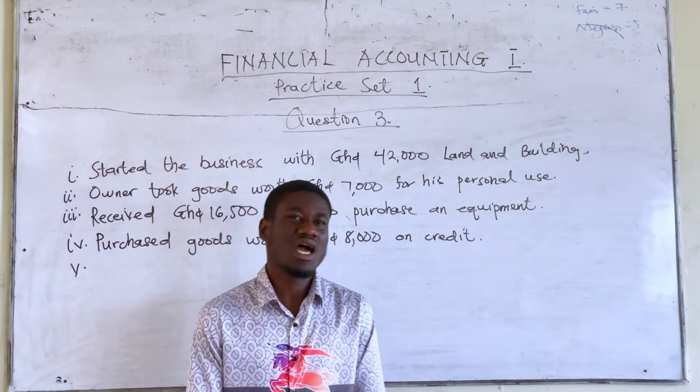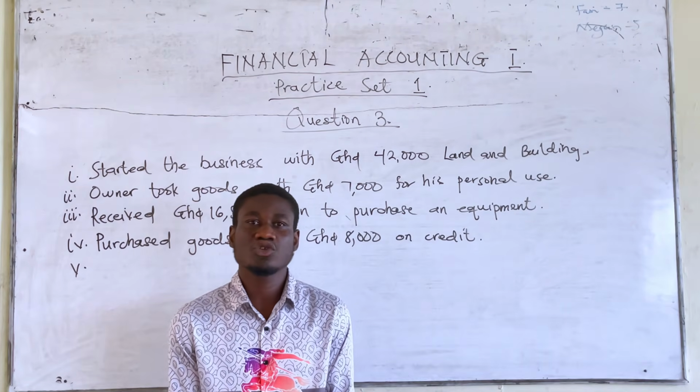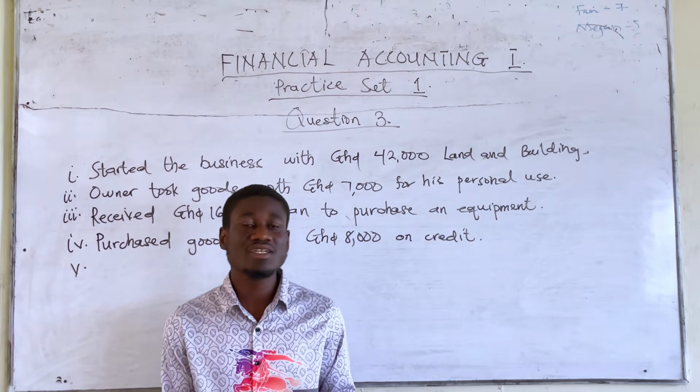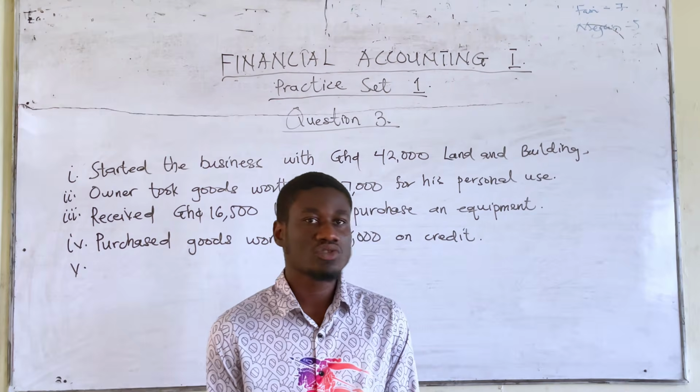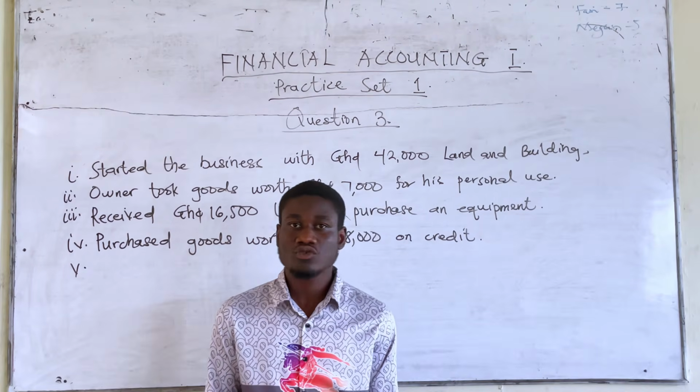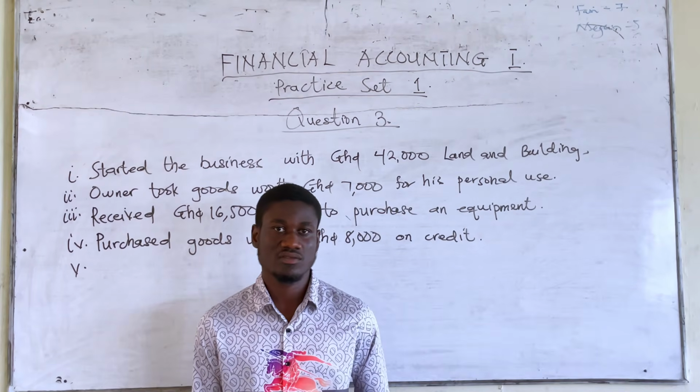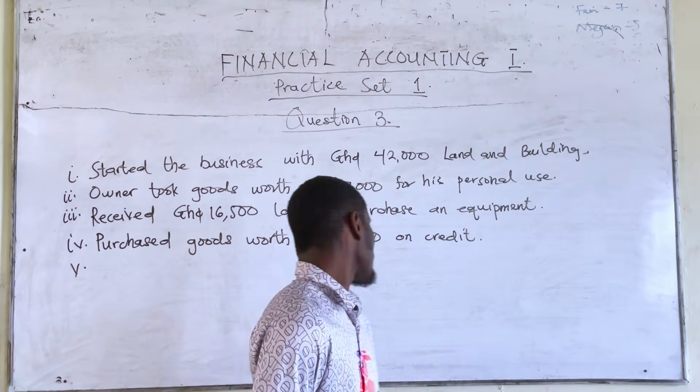This one is not showing the capital, but you definitely know that between 22,000 and 24,000, the difference is 2,000. Therefore, the capital is going to increase by 2,000.